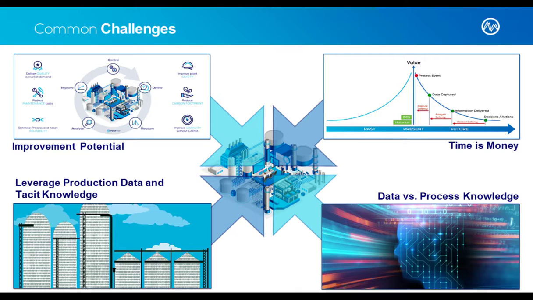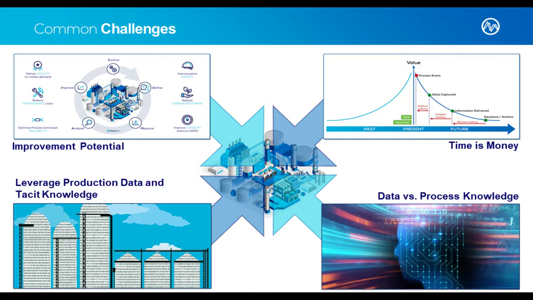Okay, before we talk about ditching the spreadsheets, let's talk about some of the common challenges that arise in the manufacturing industry. And we just took a few here. For example, on the upper right-hand side, time is money. Being able to reduce the time between a process event occurring on the factory floor and actually taking decisions, that is key. So having the infrastructure in place to identify certain events and take immediate data-driven action is really important.